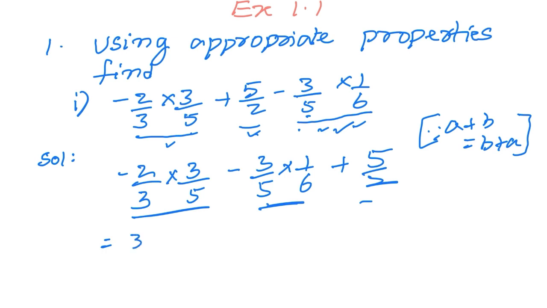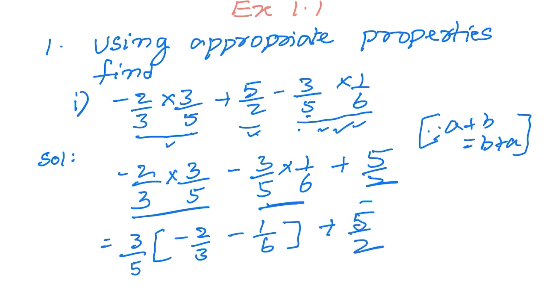So take 3 by 5 common and write minus 2 by 3. Since 3 by 5 is taken as common, what is left over? Minus 1 by 6 is left. So close the bracket and write 5 by 2.